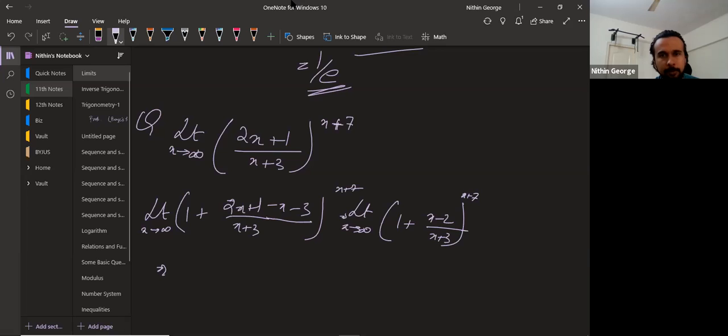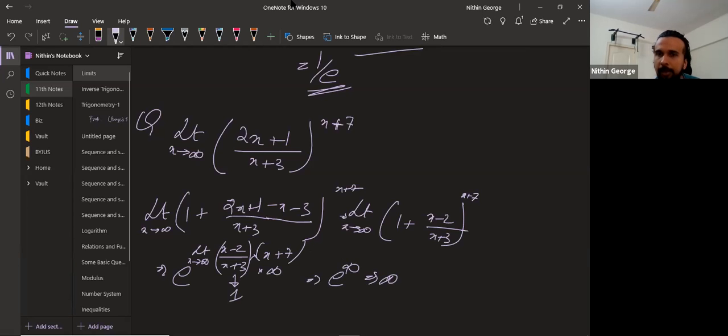This becomes e power limit x tends to infinity, (x minus 2) by (x plus 3) into (x plus 7). You know that this limit comes out to 1, this bracket, into infinity. E power infinity form, which is nothing but infinity. Basically, the limit does not exist. All right, that's the idea here.